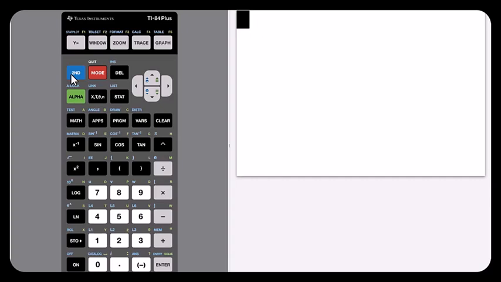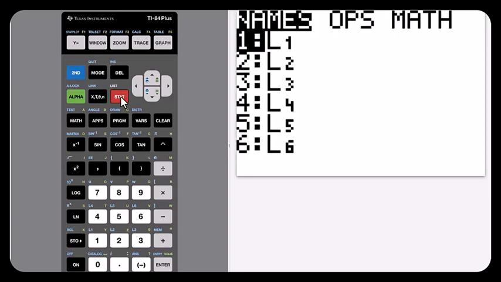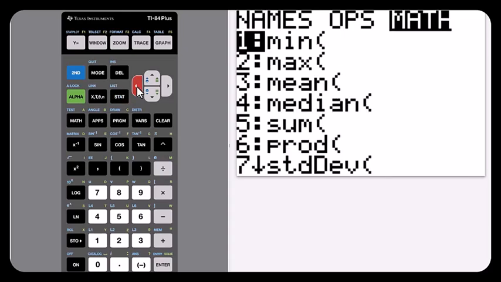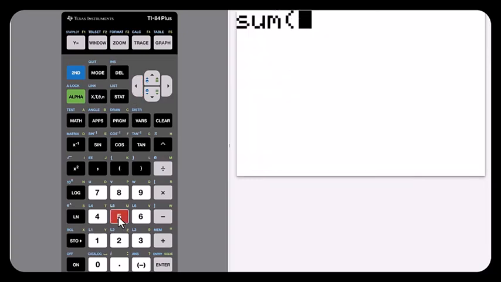Now we're going to go to the actual list part of the calculator by pressing second stat, and that takes us to the list area. We're going to come all the way out to the math part of that and come down to choice number 5, which is the sum function. In other words, we're going to tell the function we want to get the total of the values in L3.